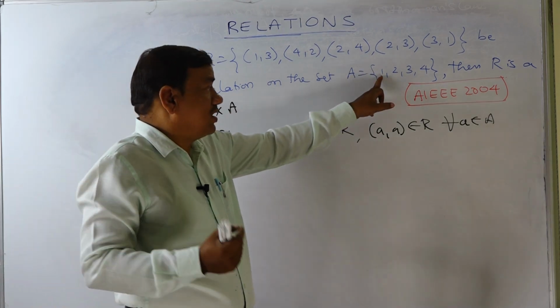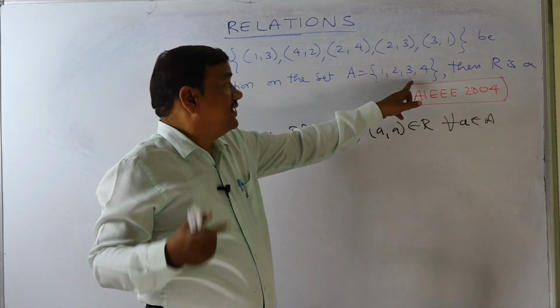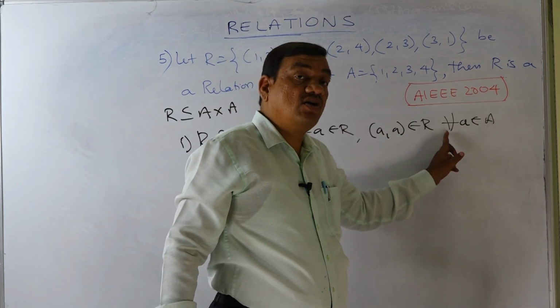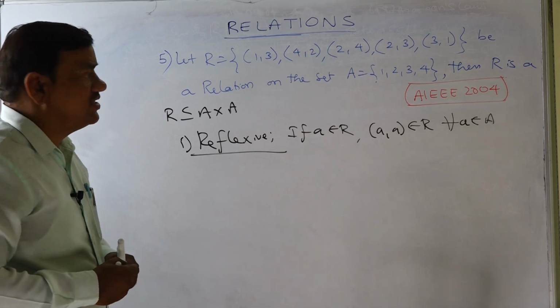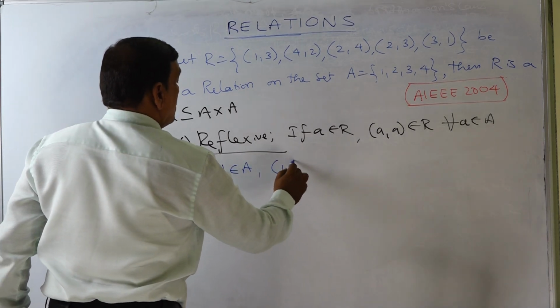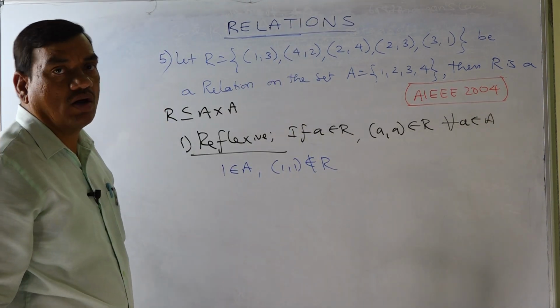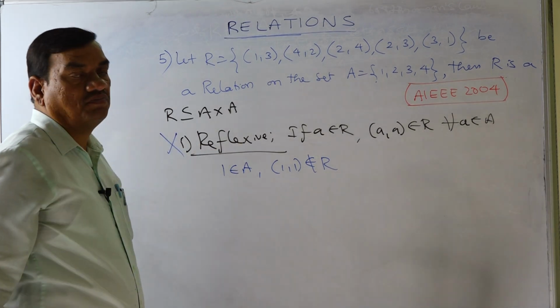That means what? 1 comma 1 should belong to R, 2 comma 2 should belong to R, 3 comma 3 belongs to R, 4 comma 4 should. That is the meaning of this for all A belongs to A. So clearly see here, 1 belongs to A, but 1 comma 1 does not belong to R. Therefore, R is not reflexive.